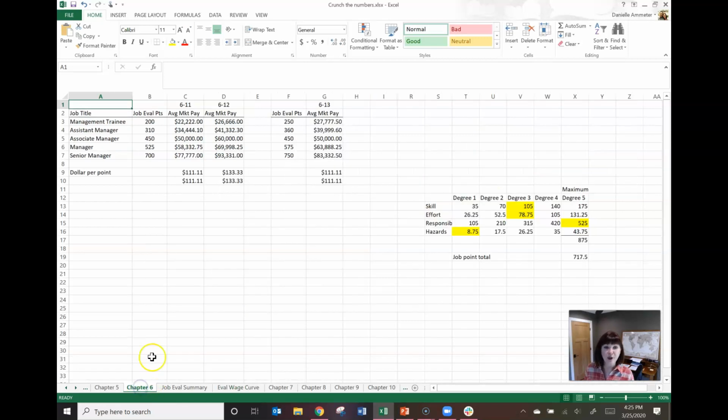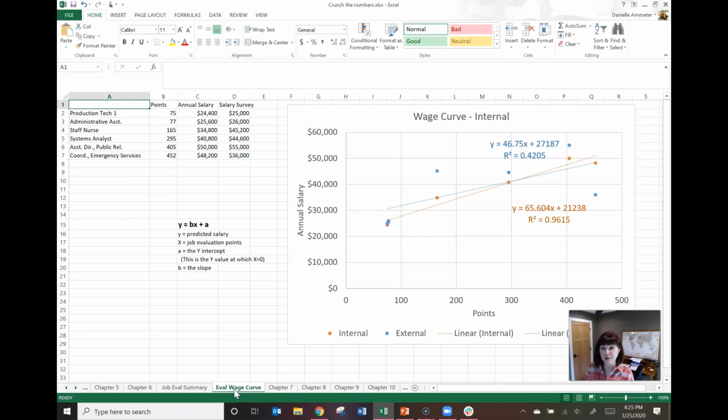Again, if we go back to chapter 6, the crunch the numbers problem that you had was looking at these different jobs for this particular job structure, job evaluation points, and then the market pay. For that one, it was $111 for each job evaluation point. That's all we're doing here, looking at each job evaluation point.